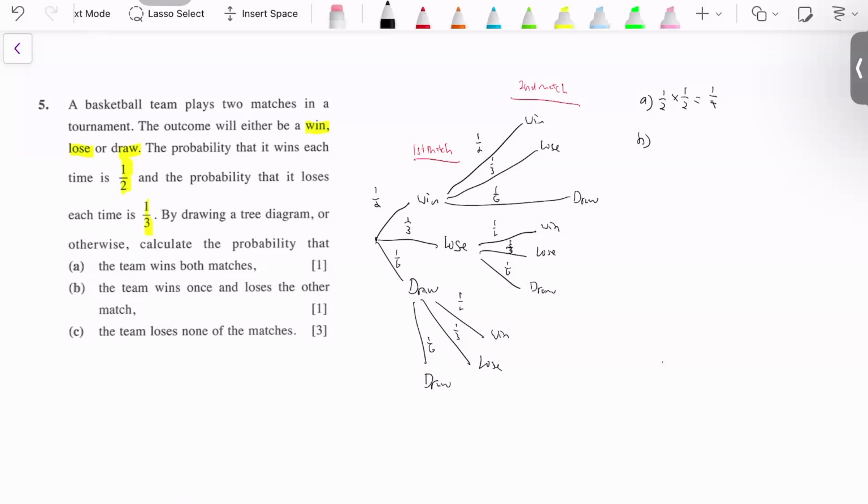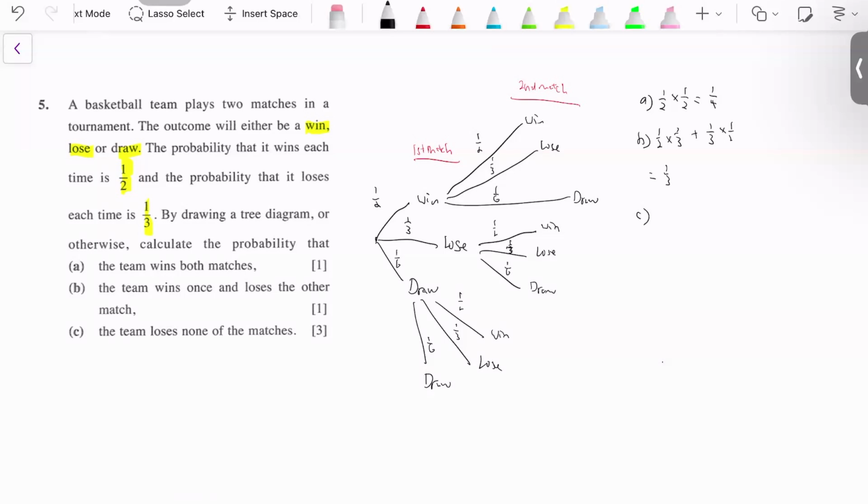The team wins the first match multiplied by the team loses the second match, and we add the team loses the first match multiplied by the team wins the second match. It should give us a probability of 1/3. So the probability of the team winning once and losing the other match is 1/3.